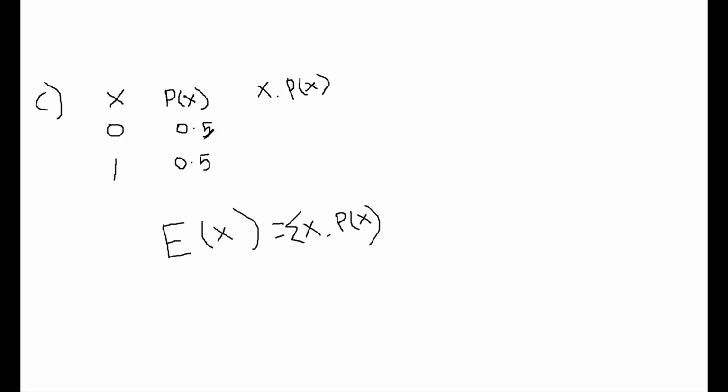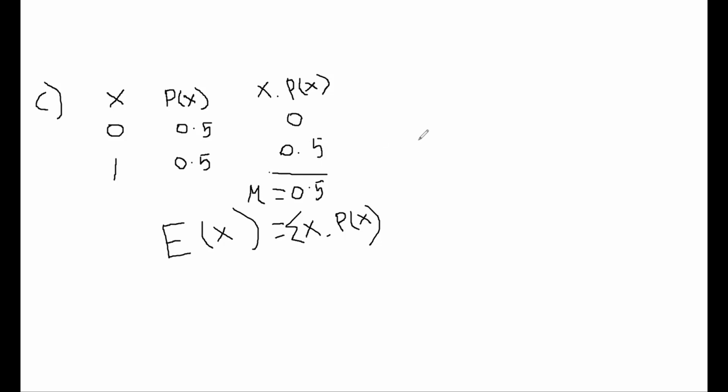So 0 times 0.5 is 0, 1 times 0.5 is 0.5. If I add these two, I will get 0.5. So this is the mean mu.